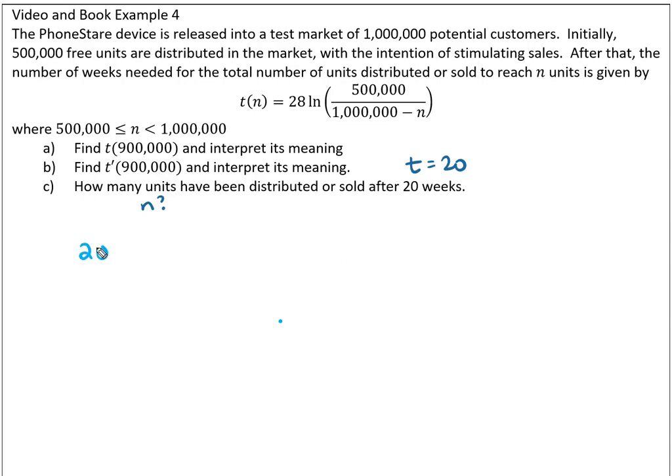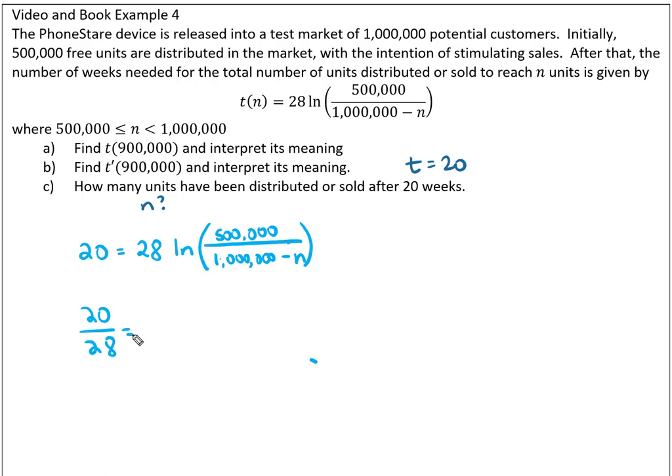So I would have 20 is equal to 28 ln of 500,000 over 1 million minus n. Before I can rewrite it, I want to divide both sides by 28 and reduce. So let's just write 20 over 28, which would give me natural log of this argument. And 20 over 28 reduces to 5 over 7.